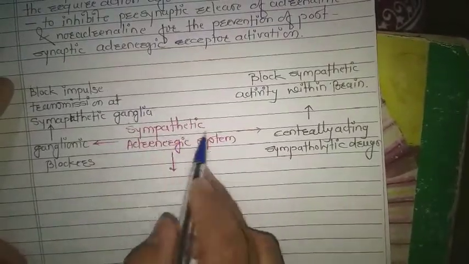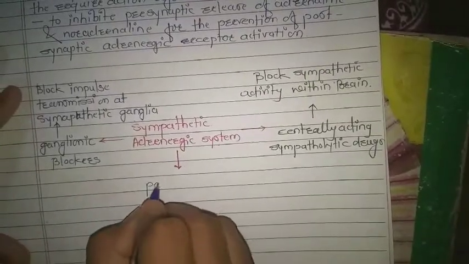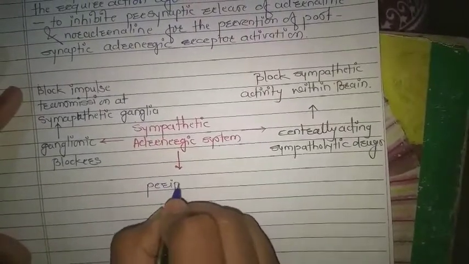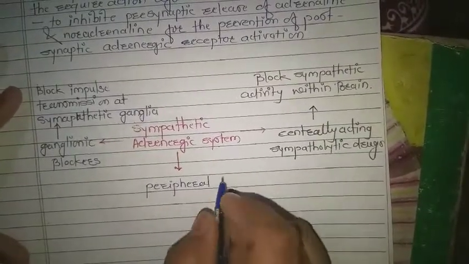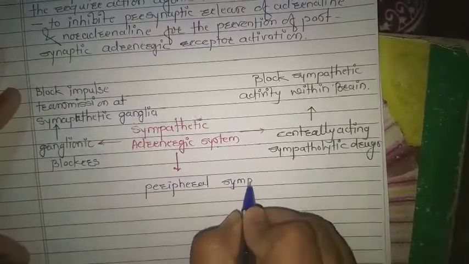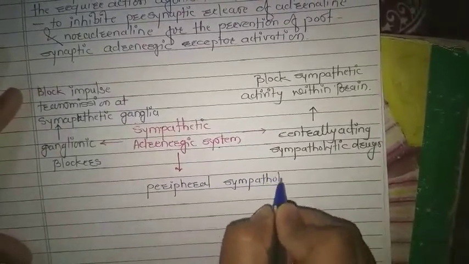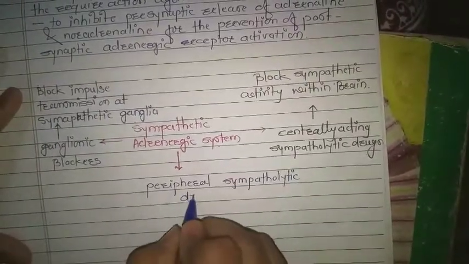Next, the sympathetic adrenergic system acts on peripheral sympatholytic drugs.